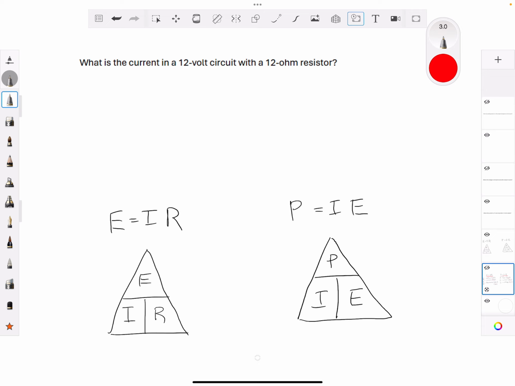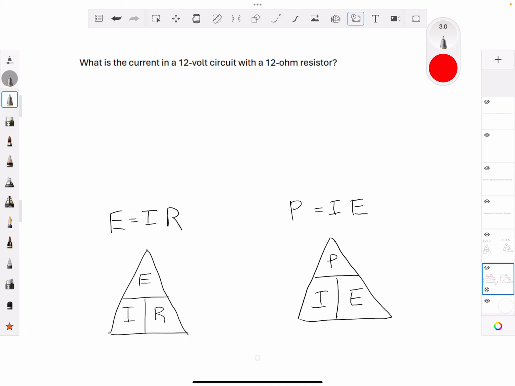All right, perfect. So some people like to use the triangle to solve instead of algebra, and that's perfectly fine. I'm going to be using algebra through these videos, but with this triangle, you do have to memorize the triangle or know how to write it out. Put the E on the top, IR on the bottom. Same for here: put the P on the top, IE on the bottom.